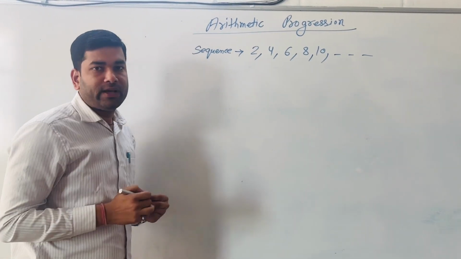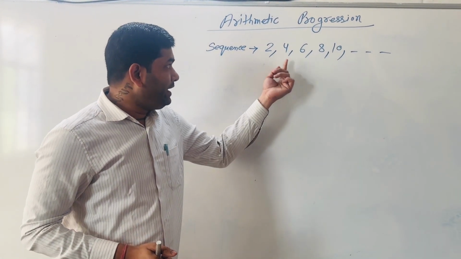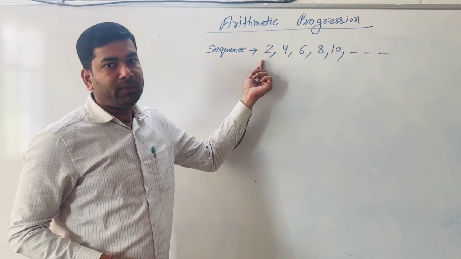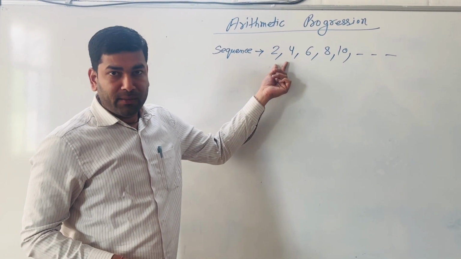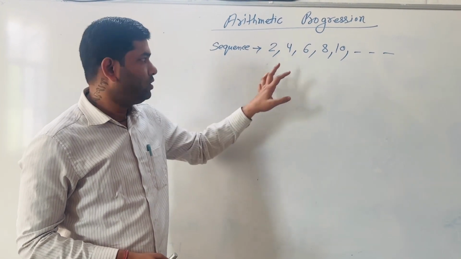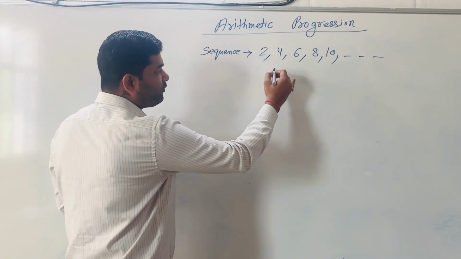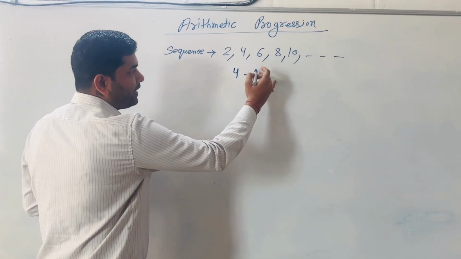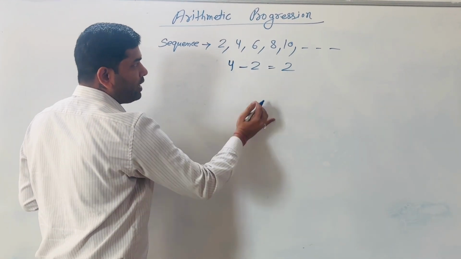In this sequence, when you take any number and its preceding number, the difference is constant, that is 2. Take 4 and subtract the preceding number 2, it comes 2.